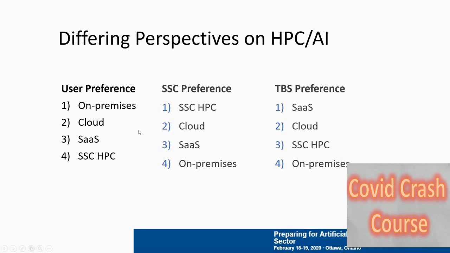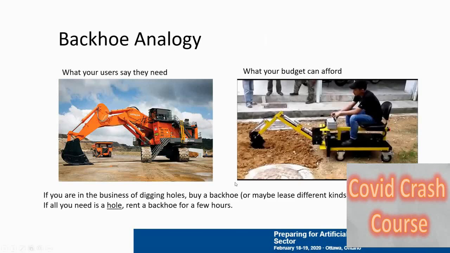So we have these 4 ways of delivering AI within the government, and this slide captures my experience of what the different stakeholders prefer. How do you balance these stakeholders? That's what architects and managers do on a daily basis. So how do you choose between these? When I'm having a conversation with the users, I use the backhoe analogy.